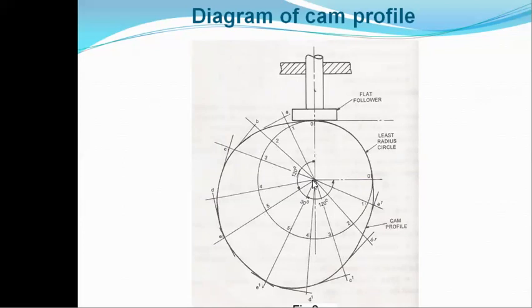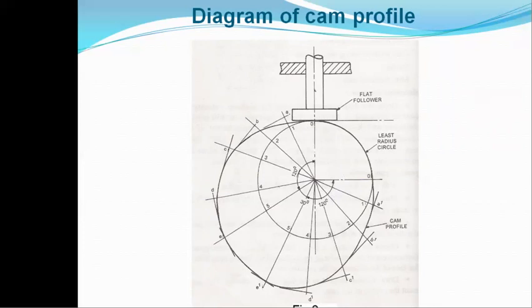So from O to 0, starting from here, mark 120 degrees to represent the outstroke, and also a dwell for 30 degrees of rotation, and once again 120 degrees for the return stroke, and the remaining 90 degrees will be the dwell period.